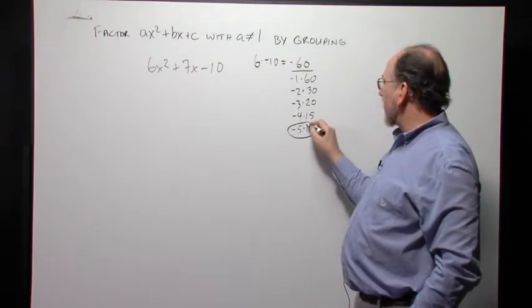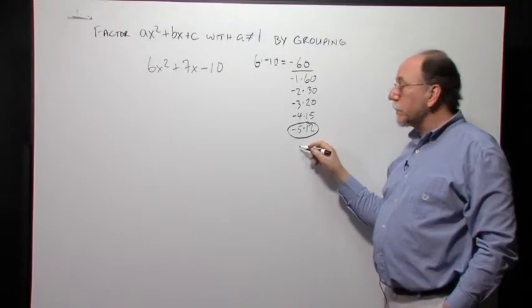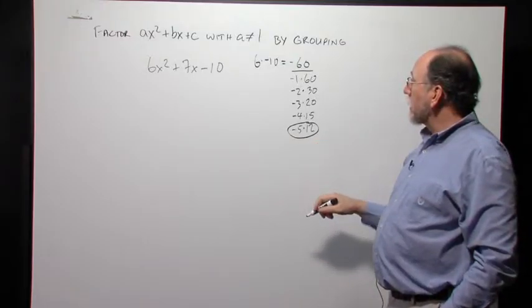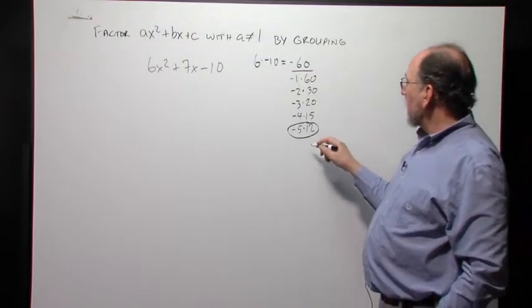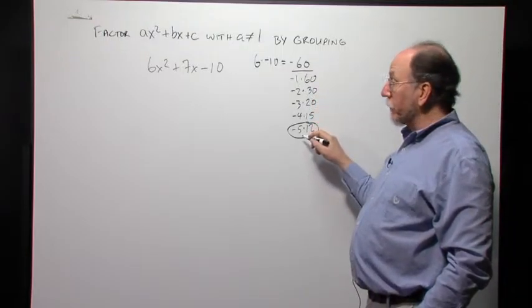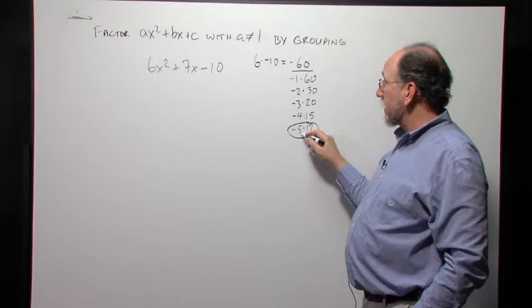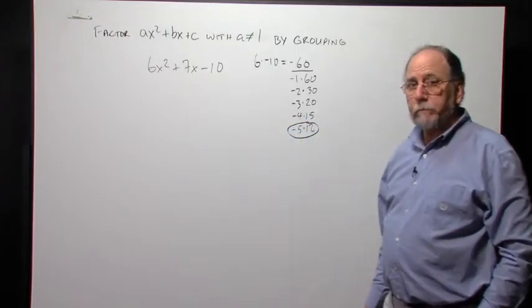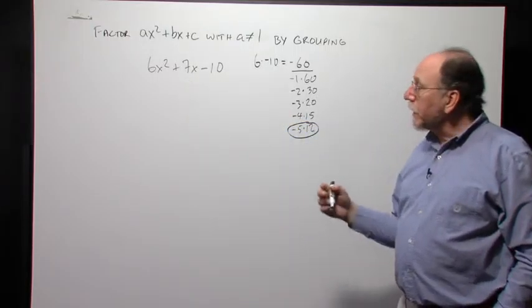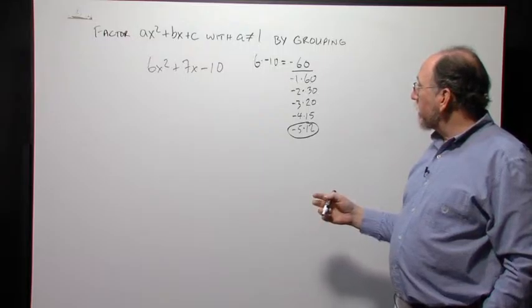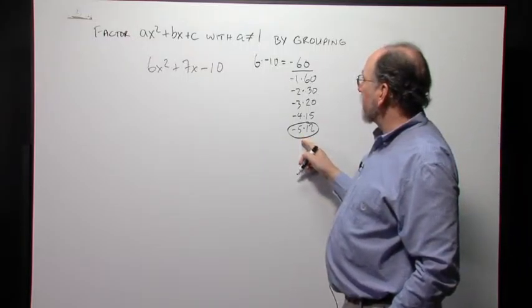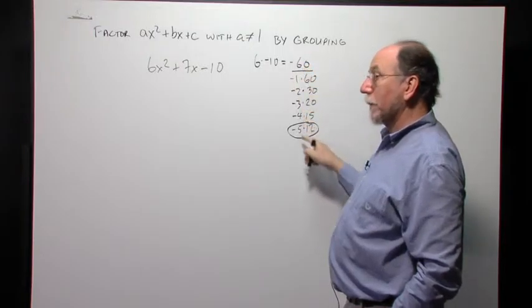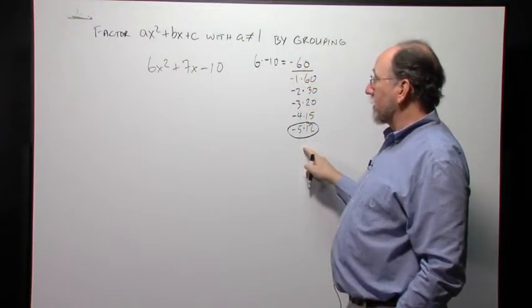We find that this one does. We could go farther, 6 and 10, and there might be another couple of them, but we don't have to write the whole list. We've found the pair. 12 plus negative 5 will make 7. So that's step 1. Step 2, well, that was step 2. Step 1 was to write this product, and step 2 is to get this pair.